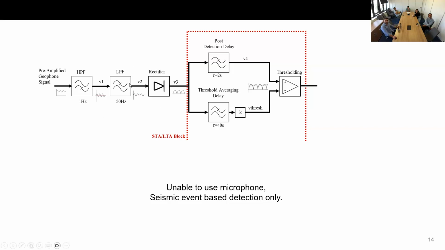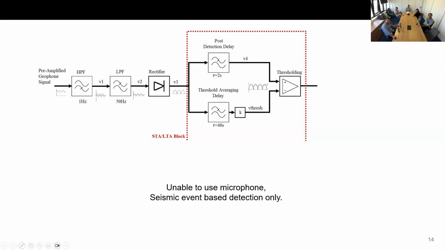And then the low-pass filter is required because, as I said, of the nature of the volcano. Since volcanoes are relatively big compared to the Earth's surface, the movements tend to be slow. So the frequencies emitted by volcanic eruptions are mostly below 50 Hz. And then you rectify the signal.